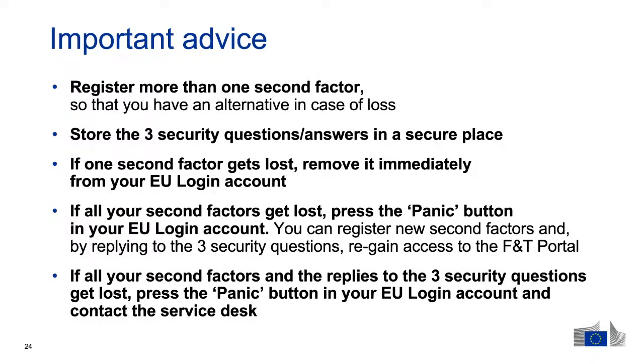You should press this panic button, and then you can register new second factors, and by replying to your 3 security questions that you hopefully remember, you can also regain access to the Funding and Tenders portal. So that is the important point where you actually need the 3 security questions.